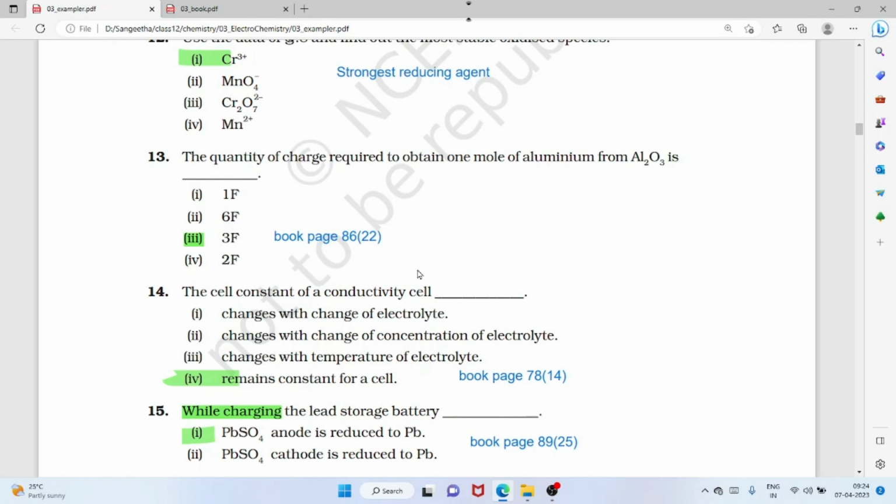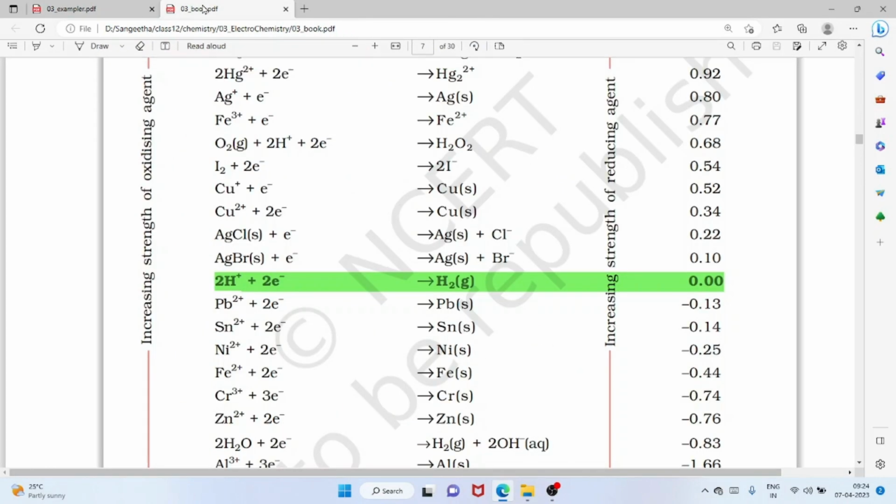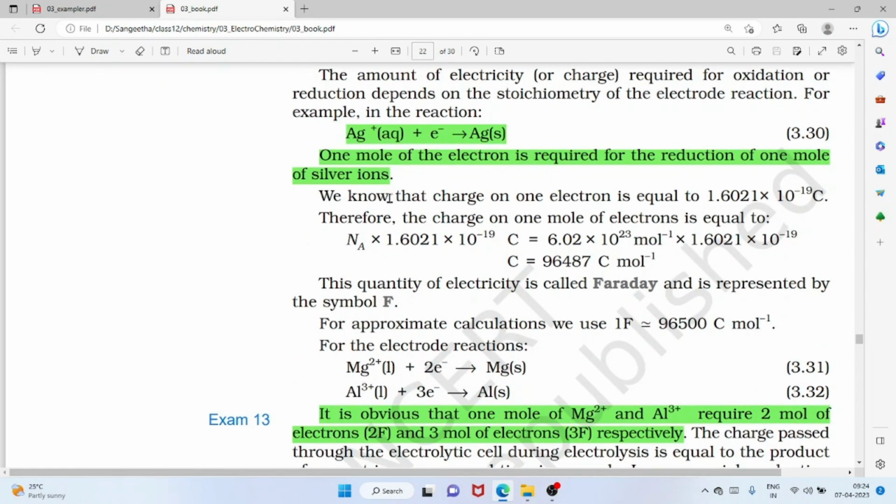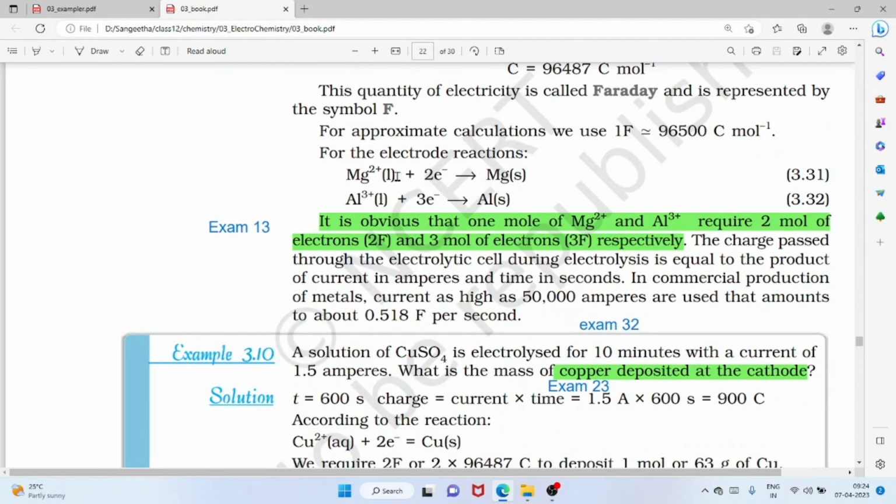Quantity of charge required to obtain 1 mole of aluminum. From this you can see it requires 2 moles of electrons, 2 farads, for copper, and 3 moles for aluminum, 3 farads.